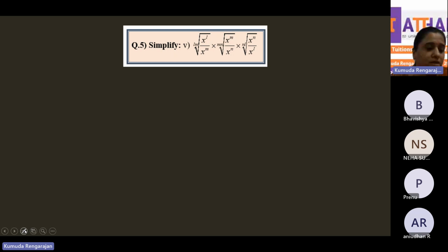So here, how do we read this expression? It's the LMth root of x to the power L divided by x to the power M, into the MNth root of x to the power M divided by x to the power N, into the NLth root of x to the power N divided by x to the power L. That's NL there. Can you see that?